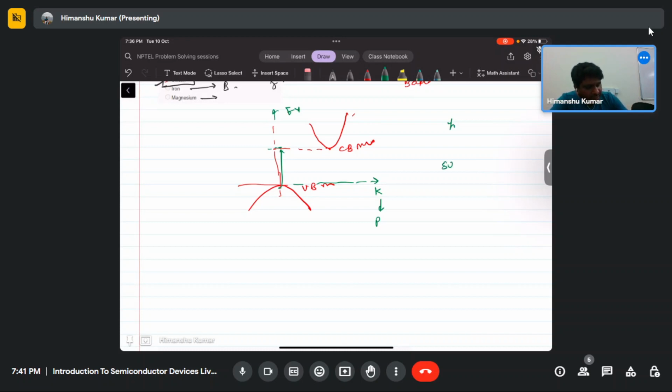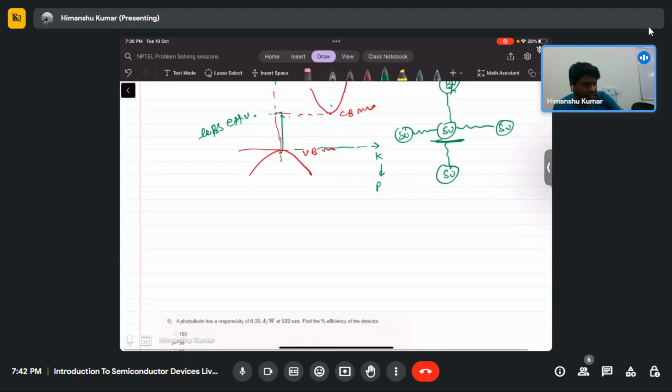The silicon atoms, at finite temperature, are constantly vibrating. The bonds vibrate in different kinds of modes, and the atoms move here and there. Those can provide the momentum to the electrons, but this is a less efficient process compared to a direct band gap semiconductor such as gallium arsenide.